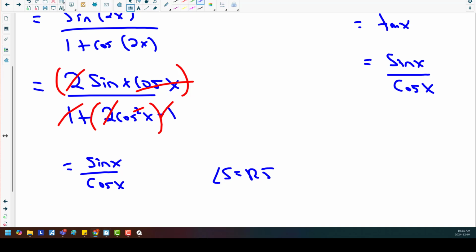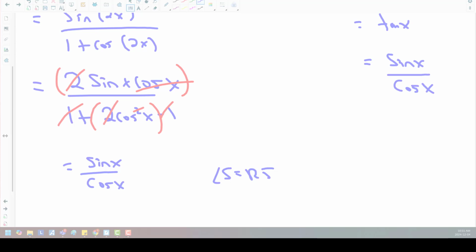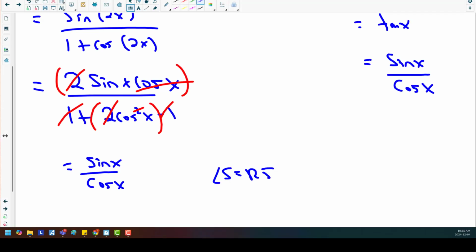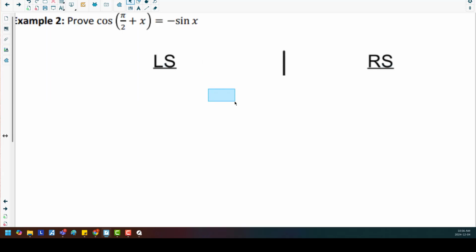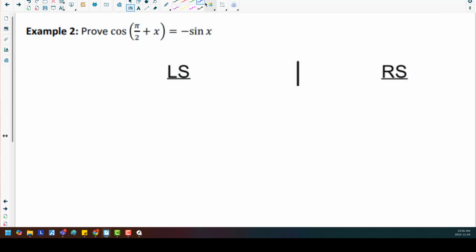Let us move on to example 2 now. Okay, example 2. We have to prove that cos of pi over 2 plus x is equal to negative sine x.